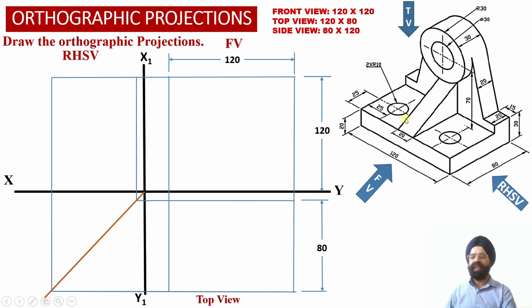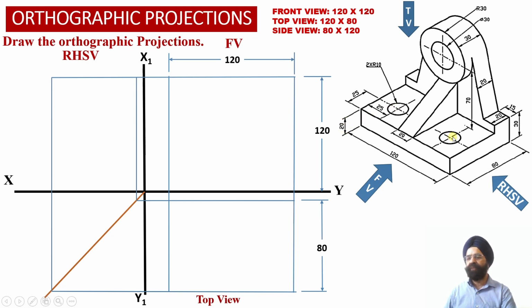So as we look at the constructional details of the solid, here we have got a horizontal web which is lying onto the base of the solid, and the dimensions of this horizontal web are 120 millimeter, that is the width of the solid, 80 millimeter, that is the depth of the solid, and 20 millimeter, that is the height of the solid.